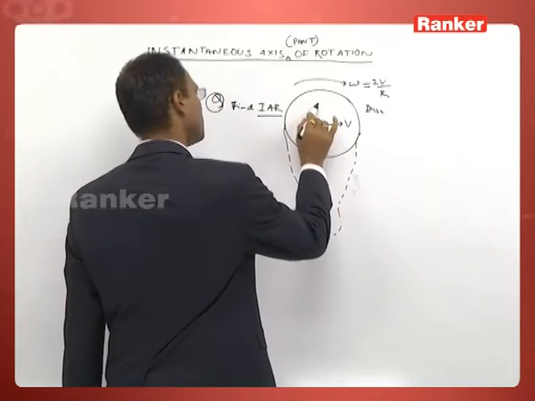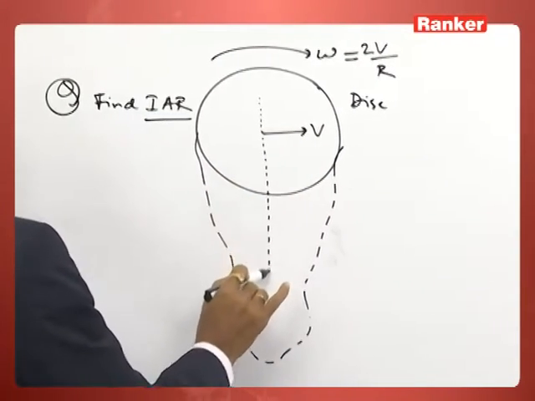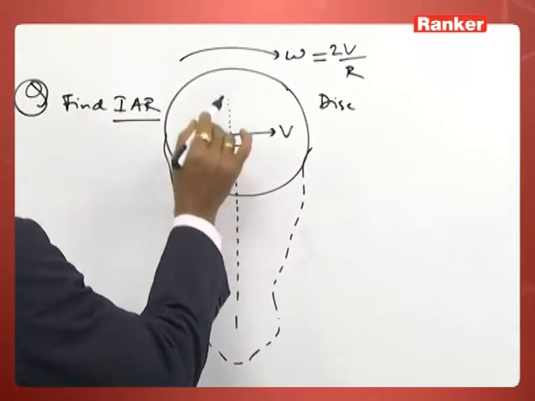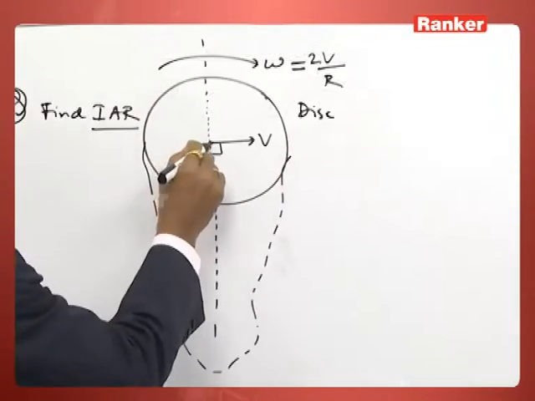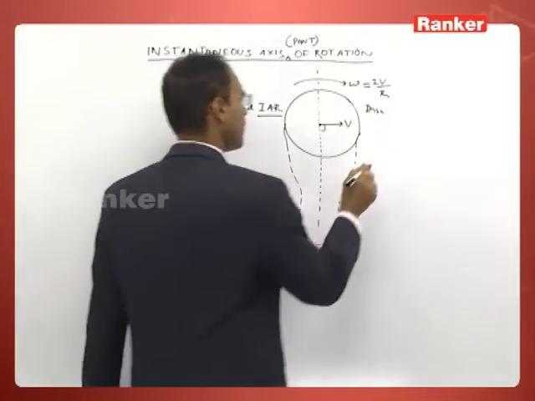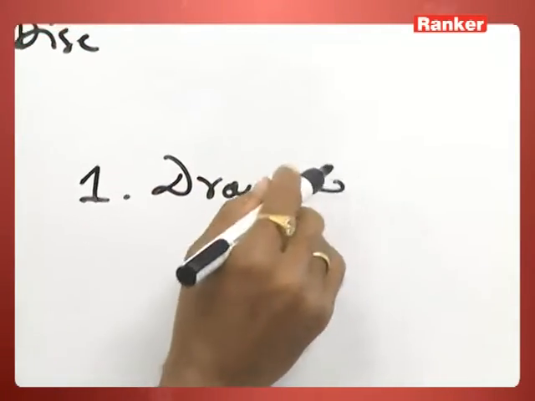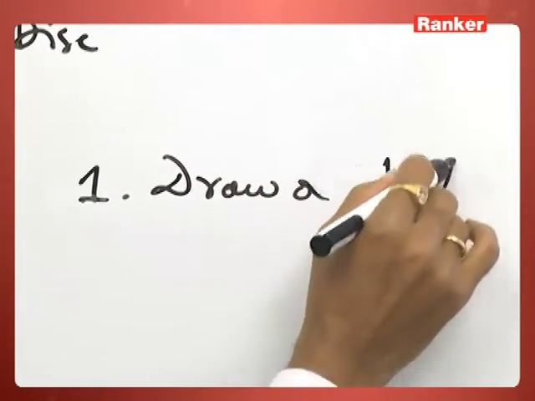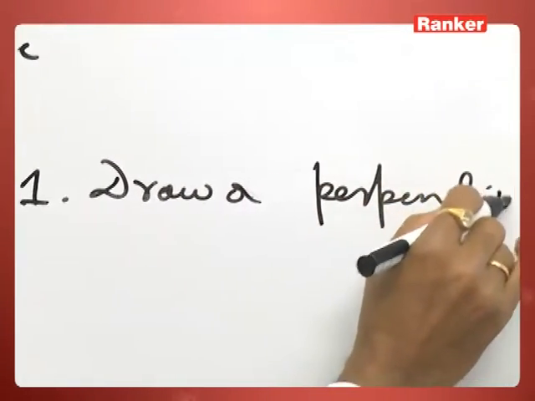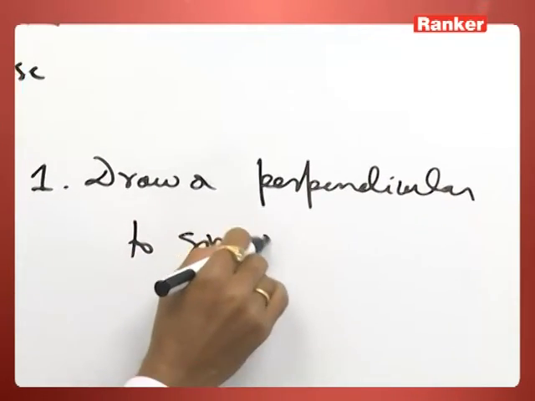Let us first draw a perpendicular to the given velocity. The first step is what? Draw a perpendicular to the given velocity.